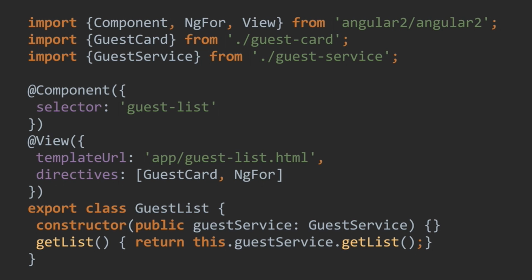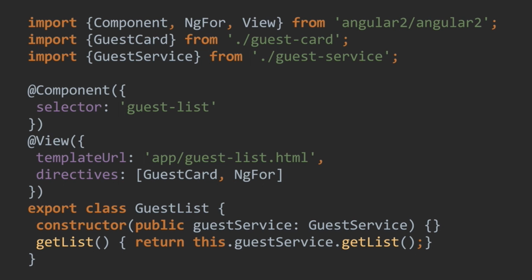Otherwise, they're not going to render. So if you're doing Angular 2 and suddenly your view is not behaving the way it should, if it's just showing the plain HTML, it's because you are not saying use these directives or components. So you're just saying, okay, I'm going to be grabbing for and guest card, and these are going to be available in this view.